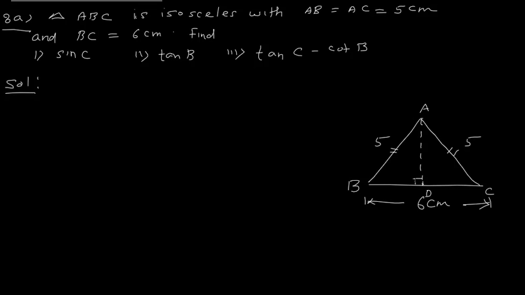We know that when we draw a perpendicular on the base, then it bisects the base. So I will say that in construction what we are doing, in triangle ABC, draw AD perpendicular to BC.